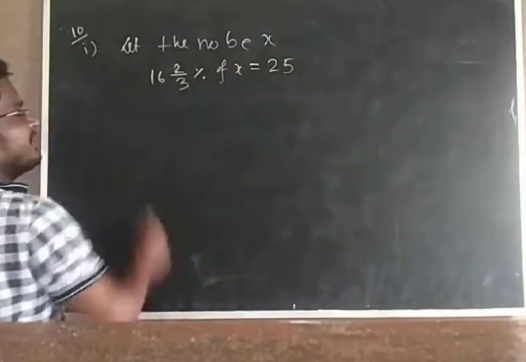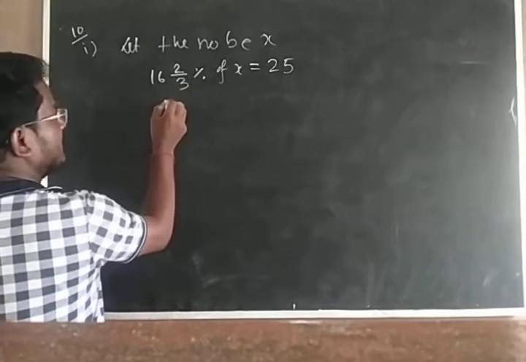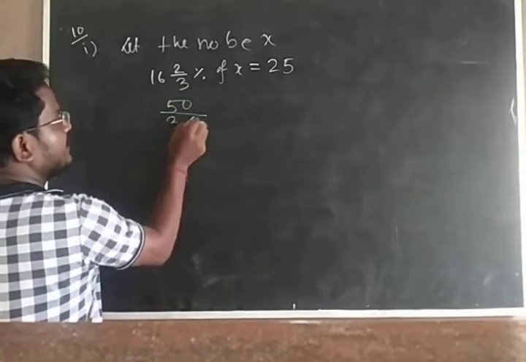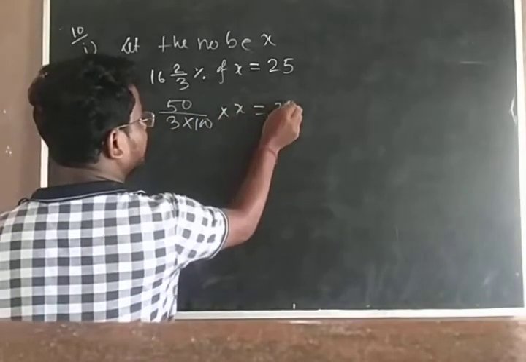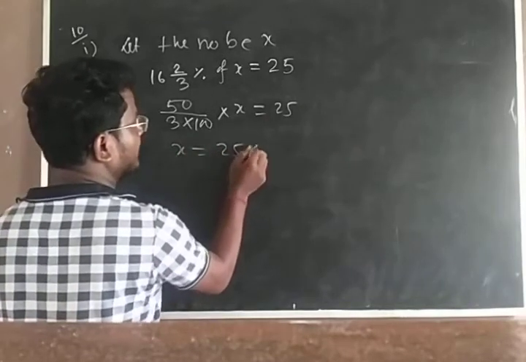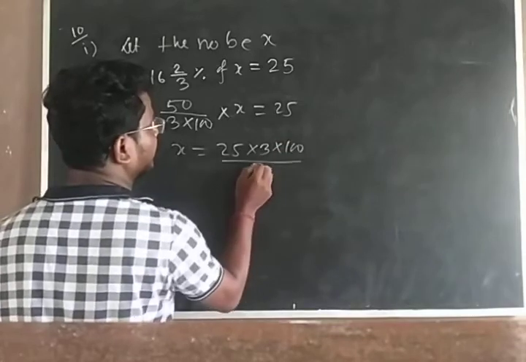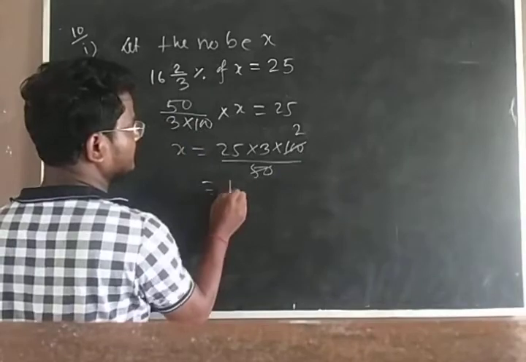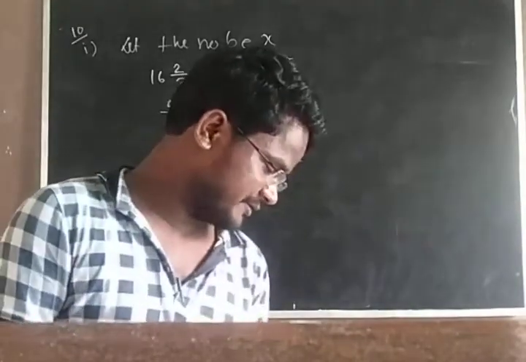Now this is forming a linear equation. 16 2 by 3 means 50 by 3%, and percentage is by 100, of x equals 25. Then x will be equal to 25 into 3 into 100 by 50. Therefore 150. The amount is 150.